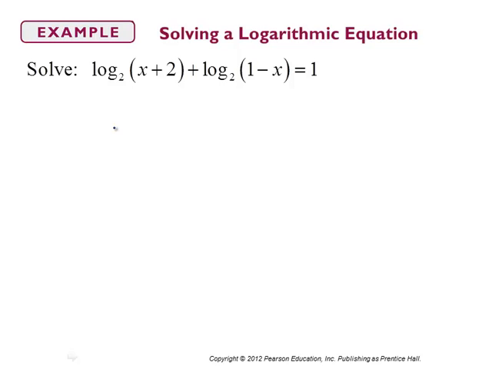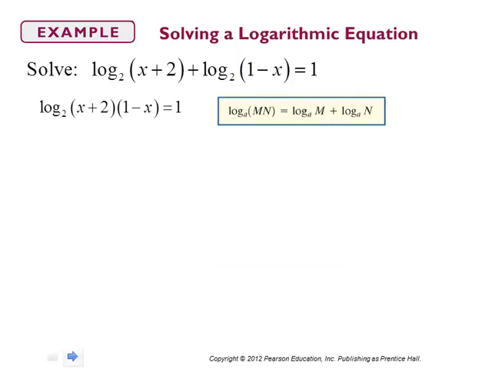And yeah, exactly. We're going to use that property of logarithms that says that the log of x plus 2 plus the log of 1 minus x is going to be the same as the log of x plus 2 times 1 minus x. Okay? Does that make sense so far? Okay.